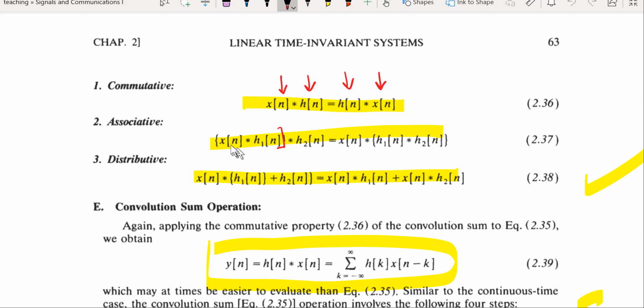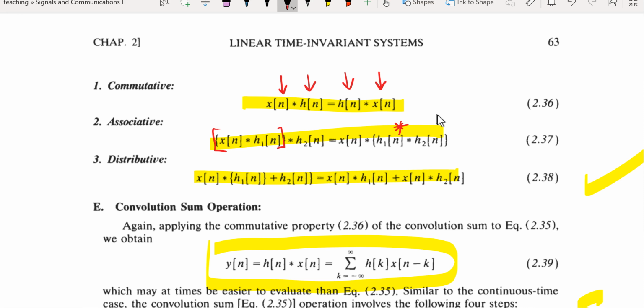The other thing, as we saw in the continuous time case of an LTI system, is association. If you convolve x with h1, and then convolve with h2, the result will be the same as if you convolved the two impulse responses first, and then convolved your signal with the combined impulse response.